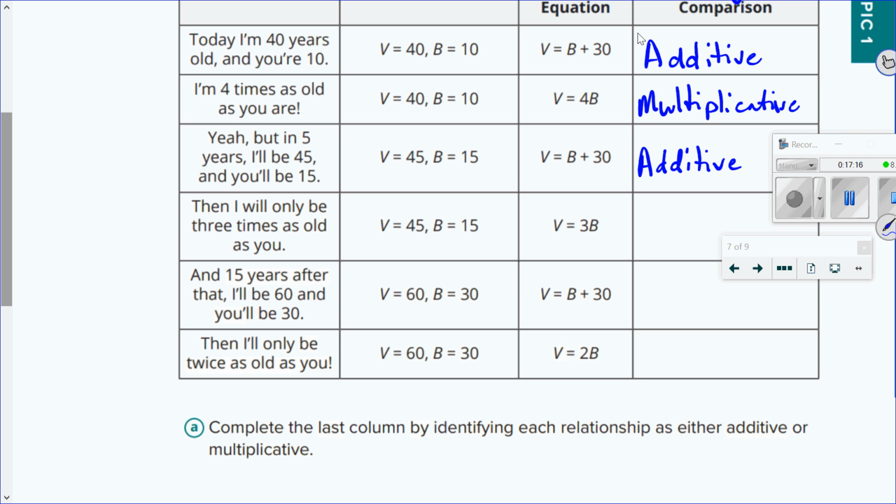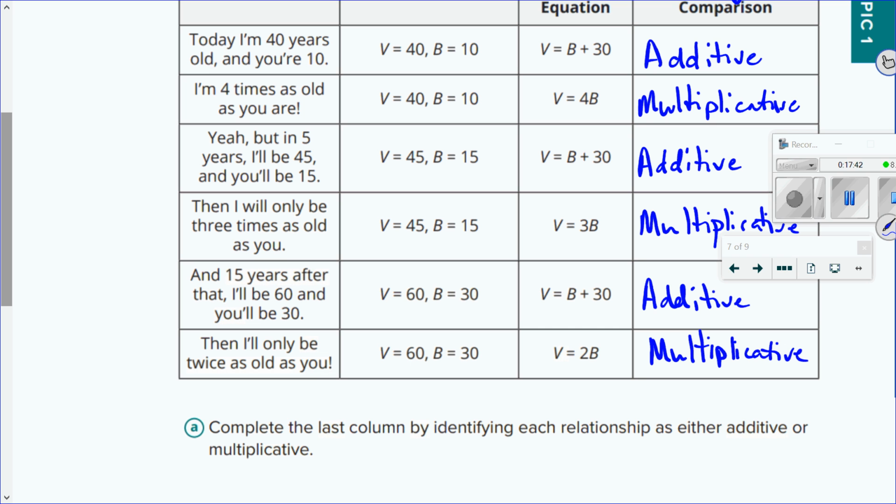Then I will only be 3 times, that's multiplicative. Then again, after 15, now she's adding the 15 to each of them again. So additive. And then I'll be twice as old, so we're looking at multiplicative again. Does that help it make sense as to what those relationships are?